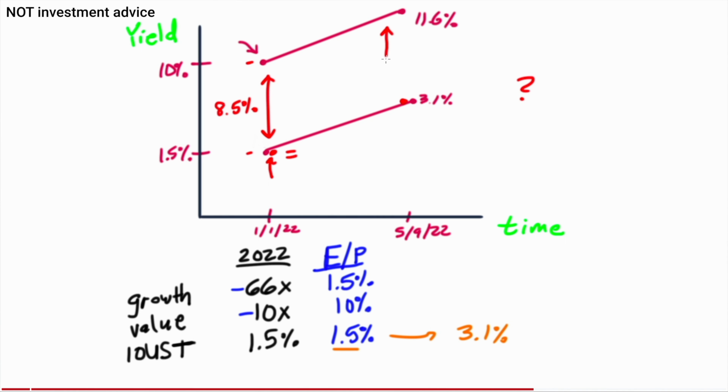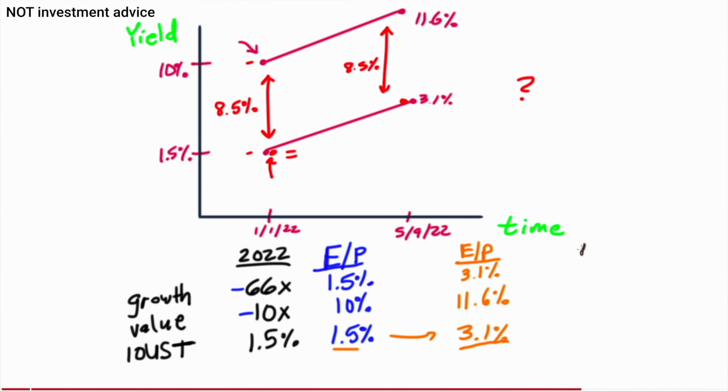So the relationship still stays at 8.5. So let's go back to our chart here and we can plot our new earnings yield. We had the growth stock at an earnings yield of 3.1. The value stock at an earnings yield of 11.6, and of course the 10-year Treasury at 3.1.